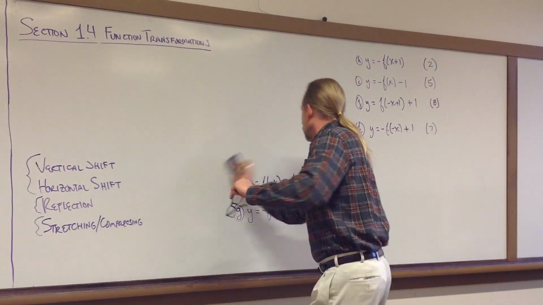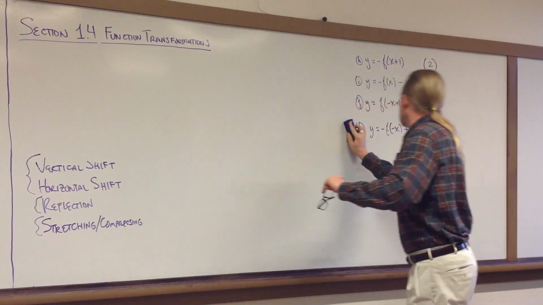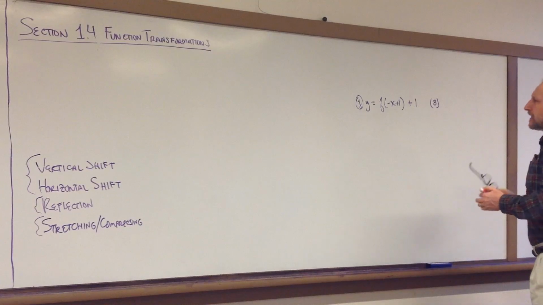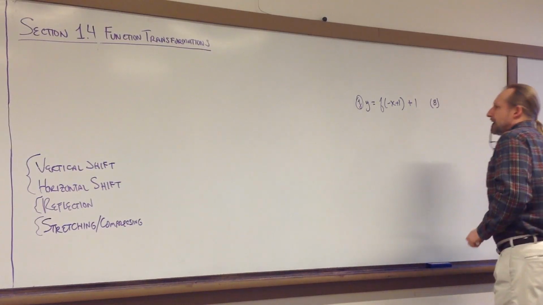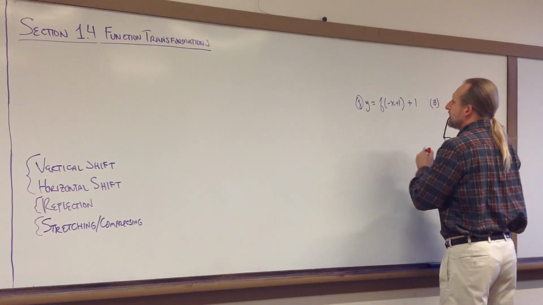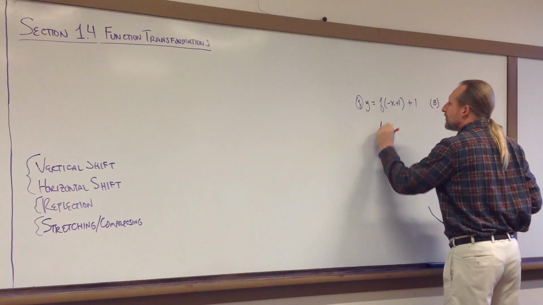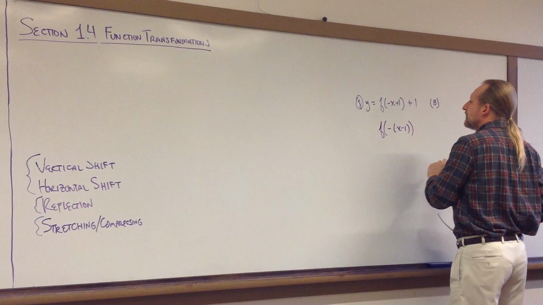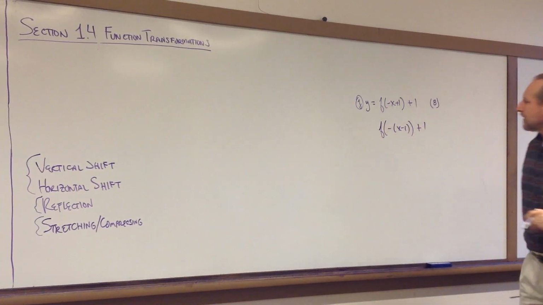One thing that I've done in the past that helps me to see how this one works is, instead of looking at it like this, I think about it as I pull that negative sign out here and make this negative x minus 1 plus 1.